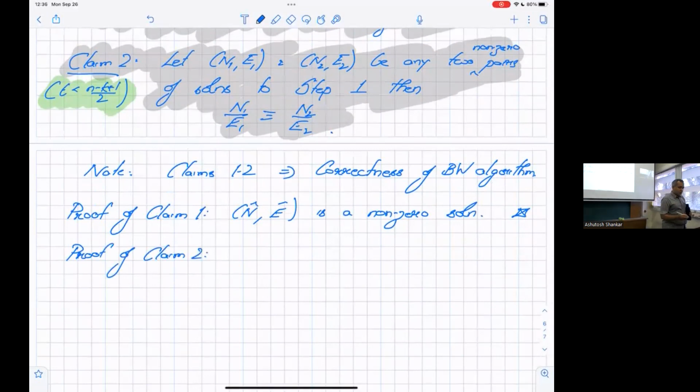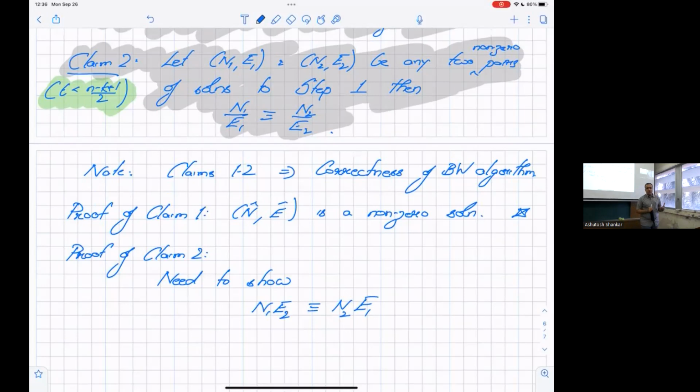What we want to show is that n1 e2 is identically equal to n2 e1 as polynomials. This is the product of two polynomials, and it is the same as the product of these two polynomials.